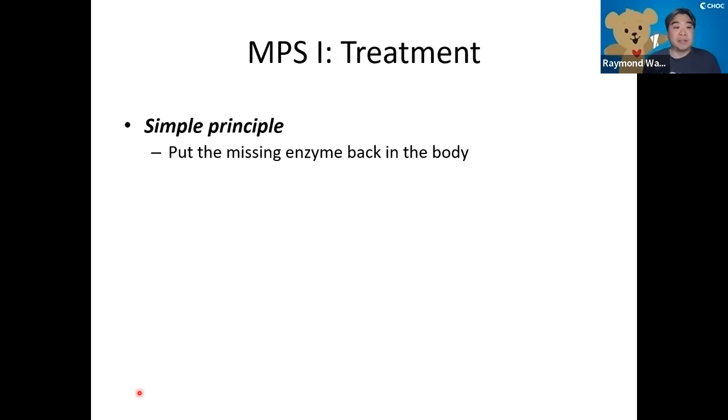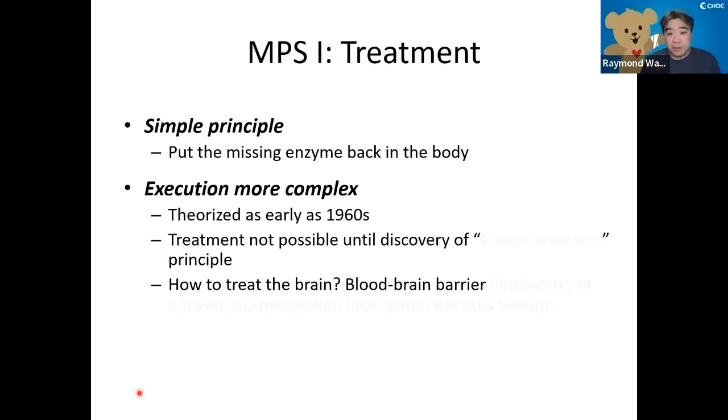You want to have the enzyme put back in the body, but it wasn't until the discovery of the cross-correction principle that we knew enzyme could go from the circulation outside of the body into the cells.